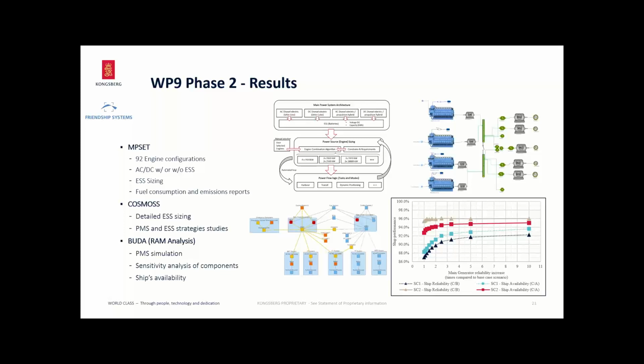Cosmos then does detailed battery sizing and a strategy study for the power management system, and then Buddha by Sirena and Buddha Veritas did this reliability analysis to estimate ship availability and reliability throughout the years due to different engine combinations or different batteries as well.